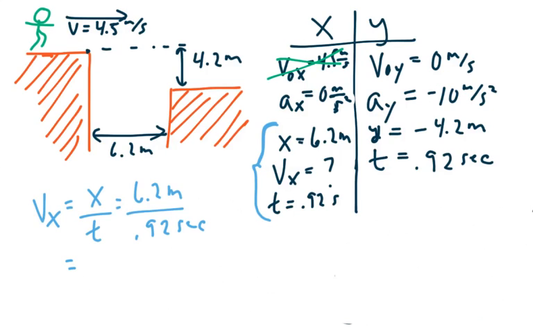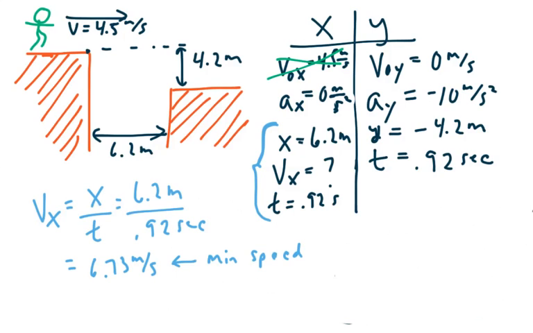So 6.2 divided by 0.92 works out to be 6.73 meters per second. This is the minimum speed that he must have in order to make that jump.